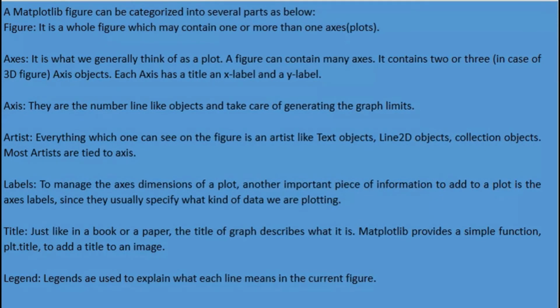Artist is everything which one can see on the figure, like text objects, 2D objects, collections of objects. Most artists are tied to axes. Labels are there to manage the axes and dimensions of a plot. Another important piece of information to add to a plot is the axis labels. Title is just like that of a book, a paper, a story or a poem. Legends are used to explain what each line means in the current figure.